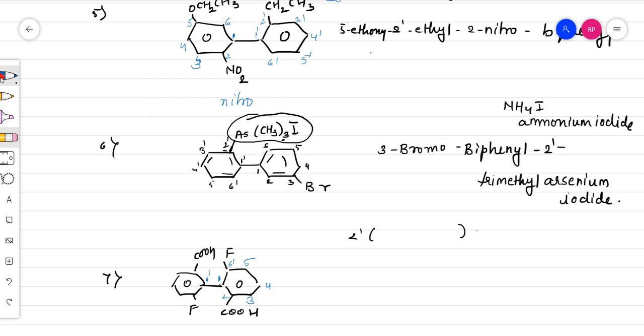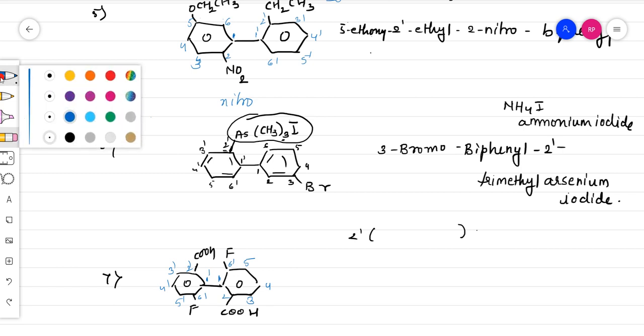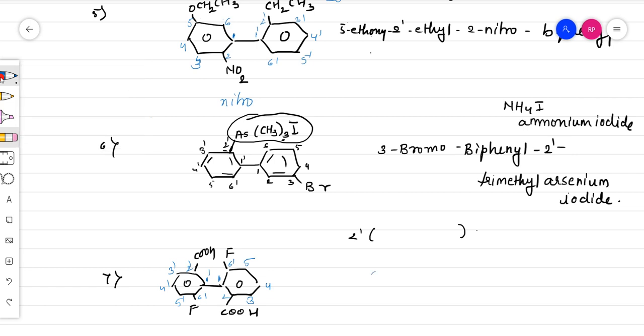Okay, so this is how you should number this. Carboxylic acid has the highest priority among the functional groups. So what are the positions? 6 dash difluoro biphenyl 2 comma 2 dash dicarboxylic acid. Okay, this is how you will write it down.